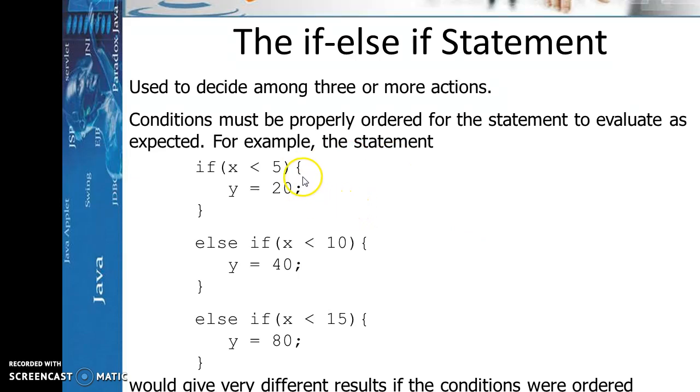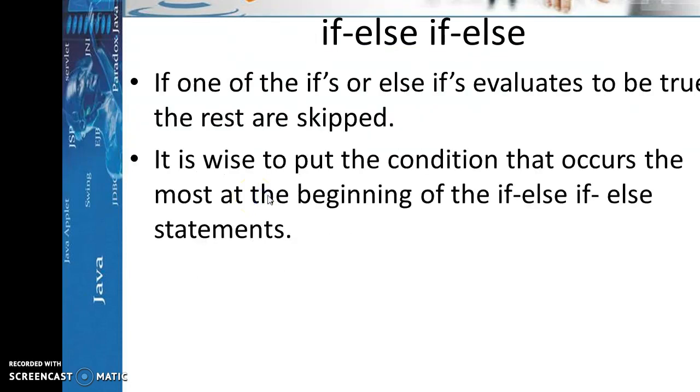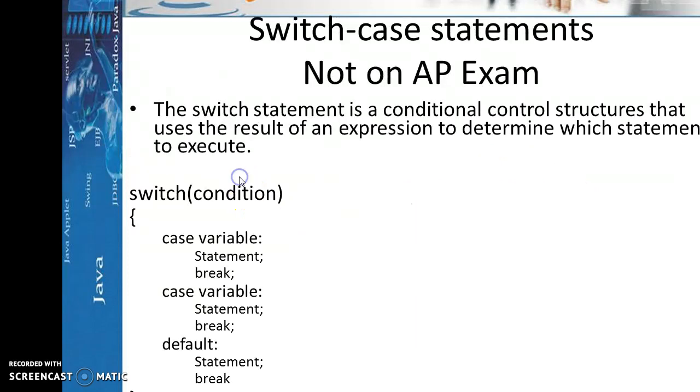And again, I used the braces. It's up to you. Since these are only one statement, you don't really have to use the braces. Okay. And again, it's wise to put the condition that occurs the most at the very beginning of the if, else if. Okay, and I showed you why.